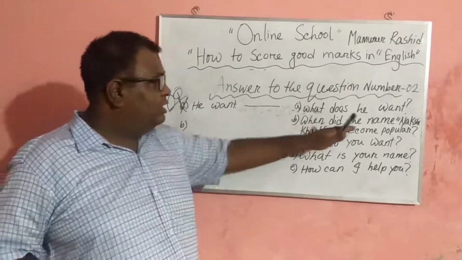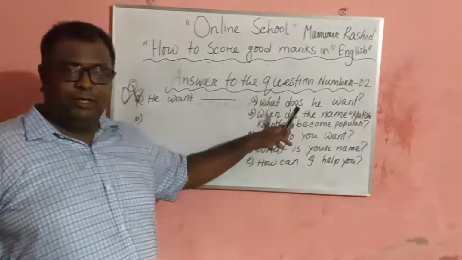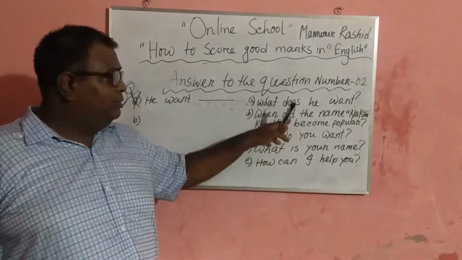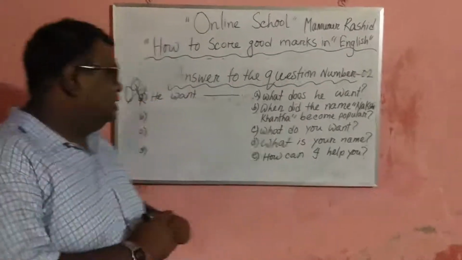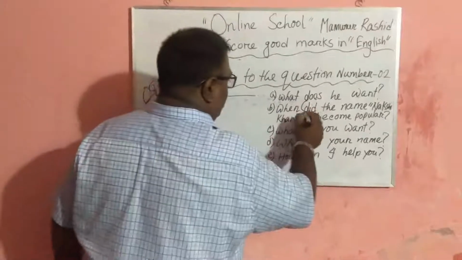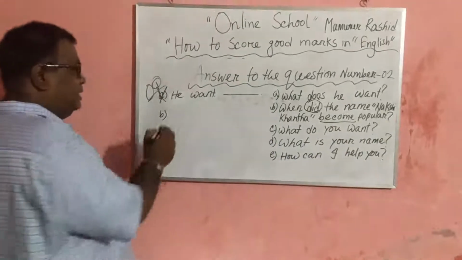Then, when did the name Nokshikata become popular? Here, did gives you the idea that if you want to start your answer, you must omit did, but your principal verb will become became.